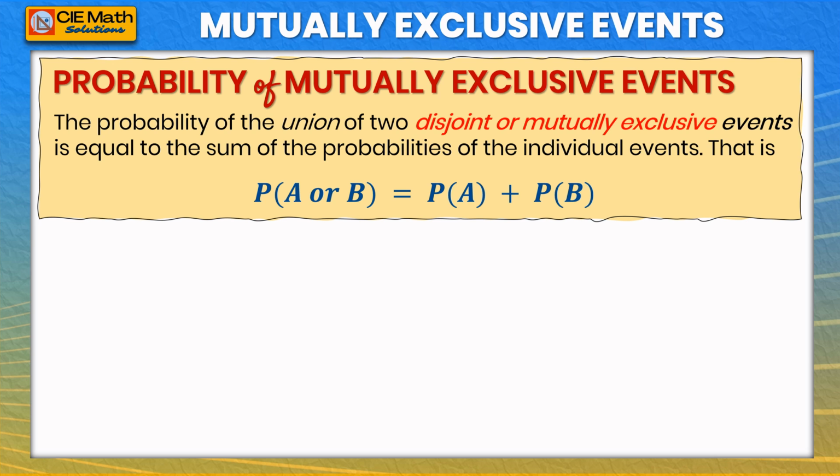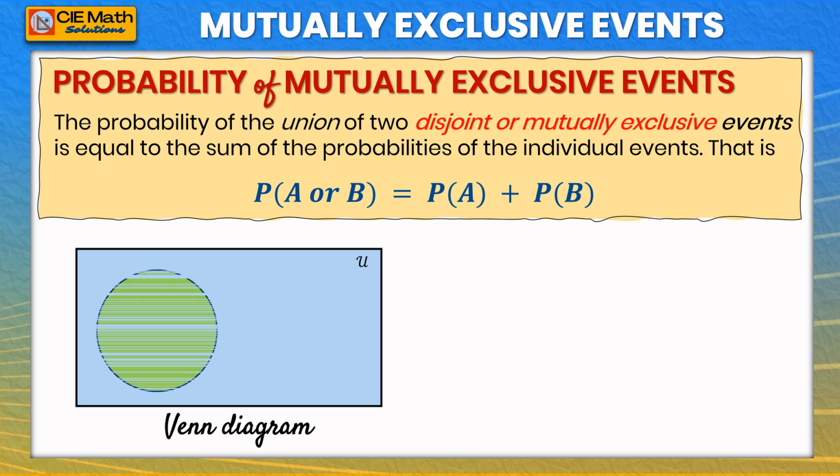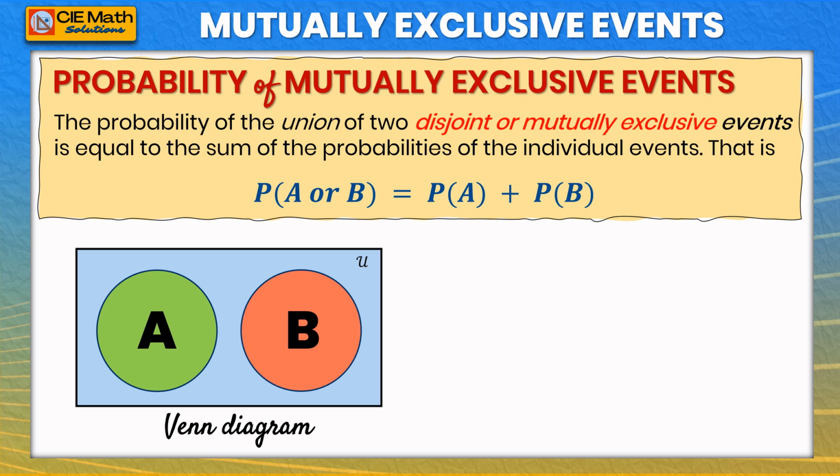Again, if you recall, the Venn diagram will contain two separate circles, A and B, denoting they are different events and they are not intersecting.